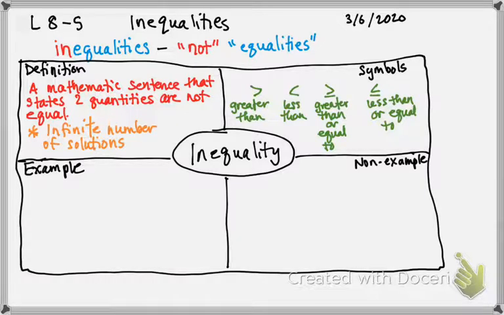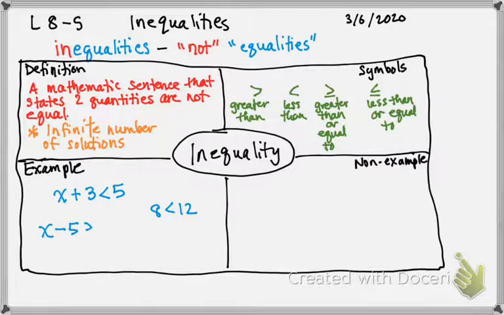So that's what we're going to be using in place of an equal sign. Okay. An example would be x plus 3 is less than 5. Numerically, we did this before, comparing. 8 is less than 12. We could make it as complicated as we wanted to.